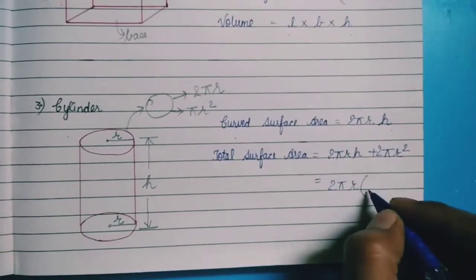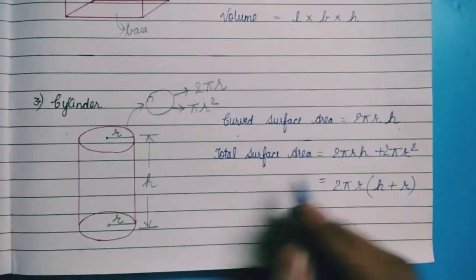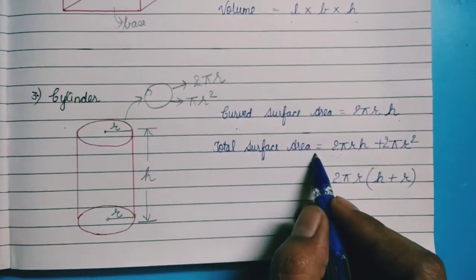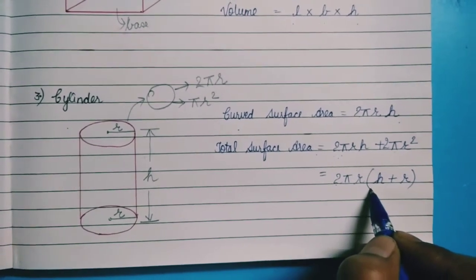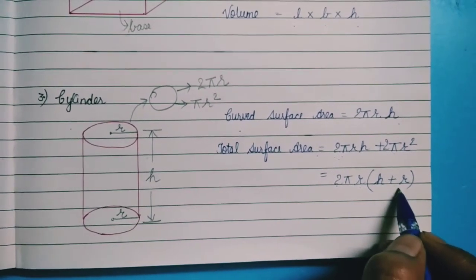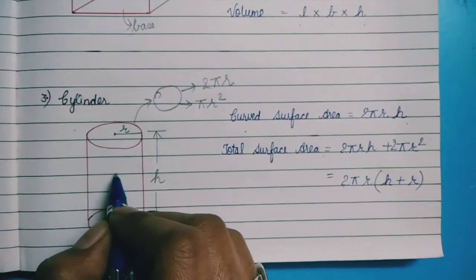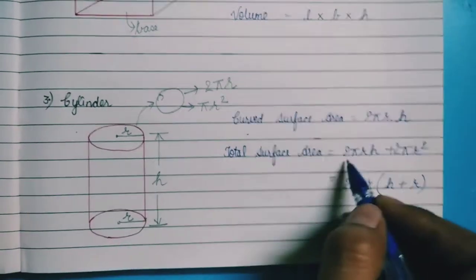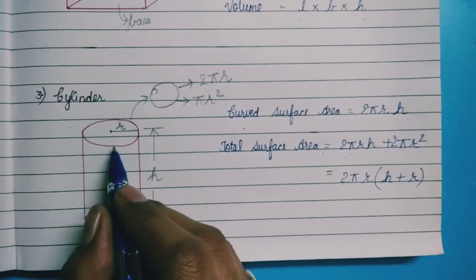So here h is remaining and here r is remaining. So the total surface area of a cylinder is 2 pi r into height plus radius. That is the curved surface area plus the area of 2 circles.